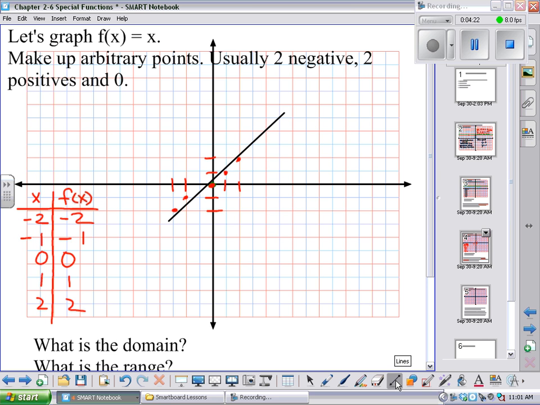So it should be something like that. Of course, it's a little bit off somewhere. Let's fix those. Negative 1, negative 1, negative 2, negative 2. There we go. Okay? And of course, we have our arrow, so it means it keeps going on and on and on.